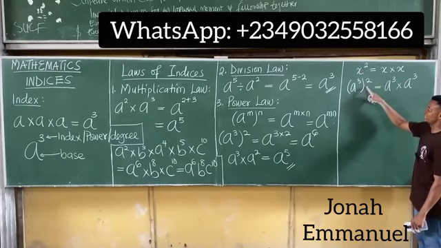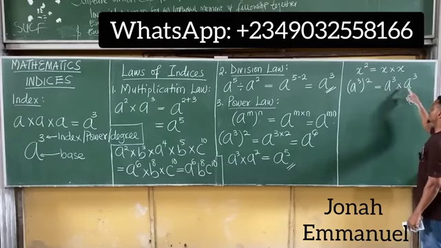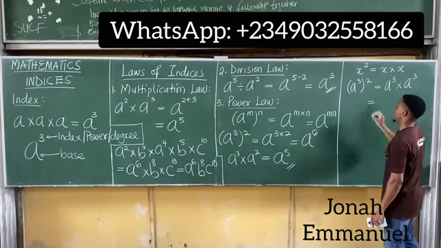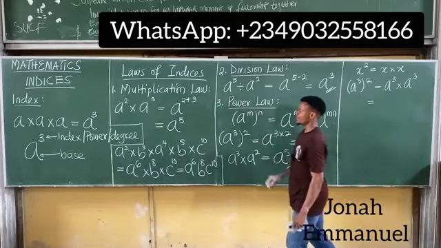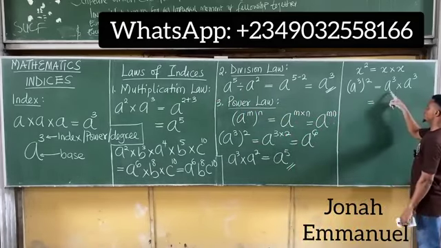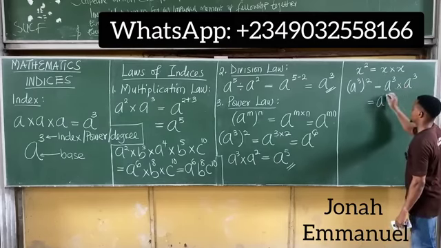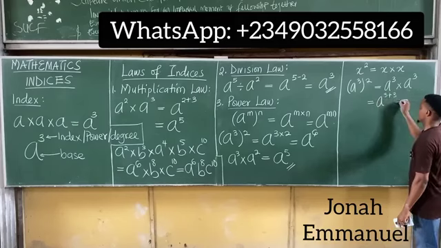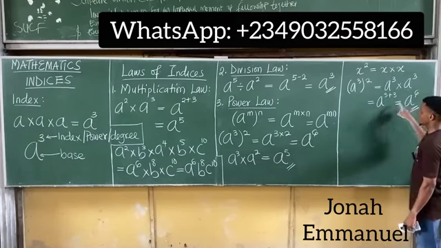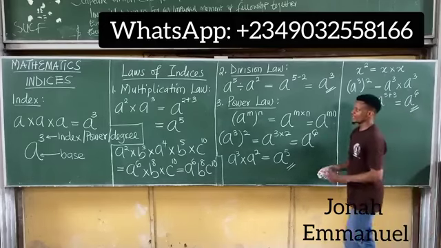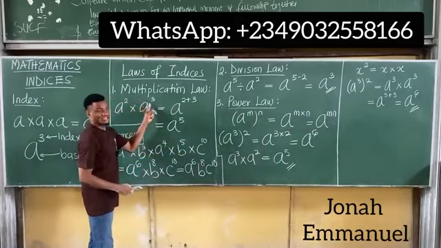So it becomes A to power 3 times A to power 3. And if I use the multiplication law of indices, we said whenever two same bases are multiplying, we add the powers. So it becomes 3 plus 3, and that's equal to A to power 6. So we can say that the power law is an extension of the multiplication law.